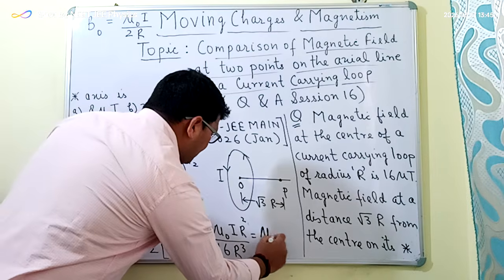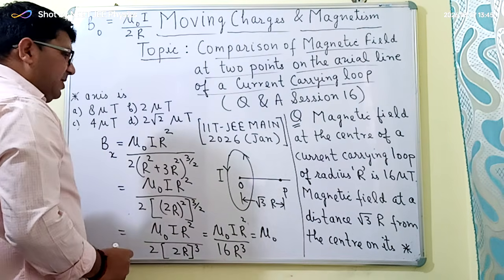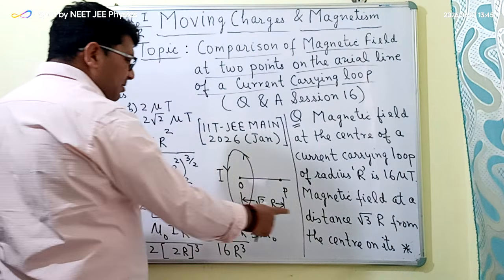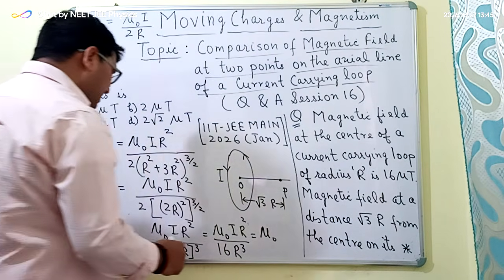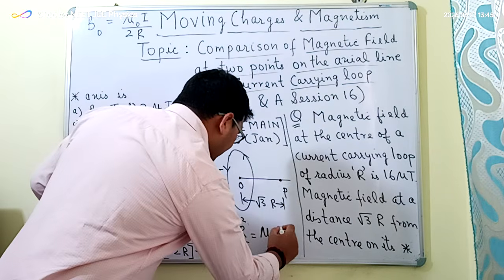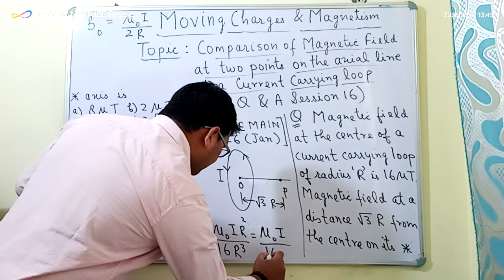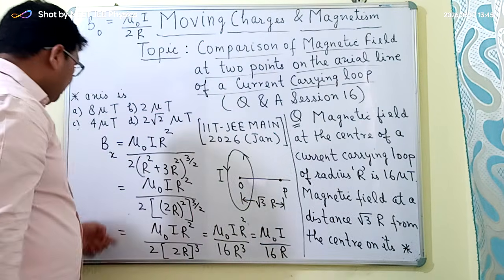Finally, the magnetic field at a distance root 3r from the center on the axial line is equal to mu naught I upon 16r.